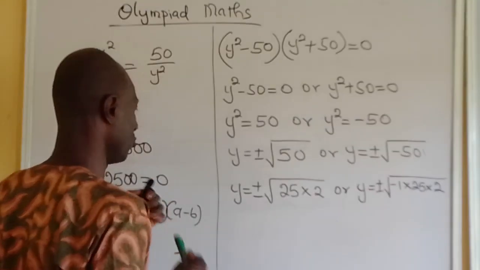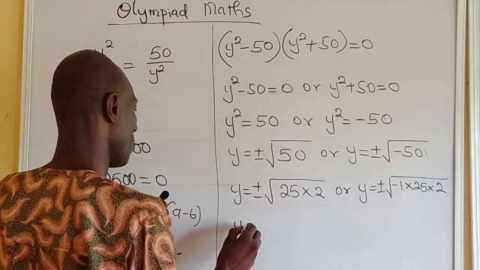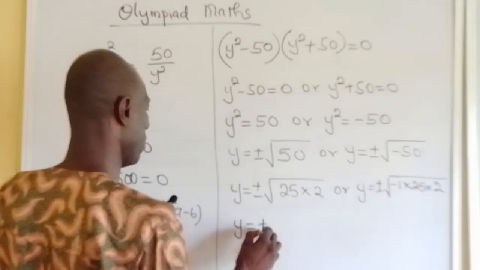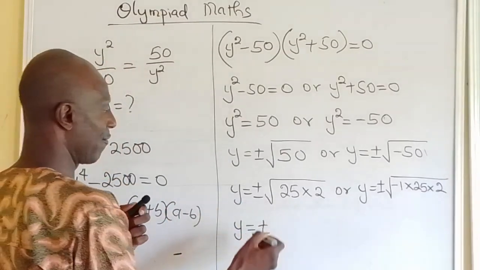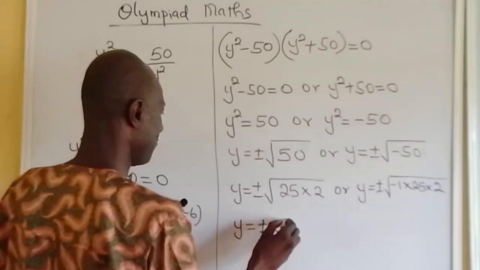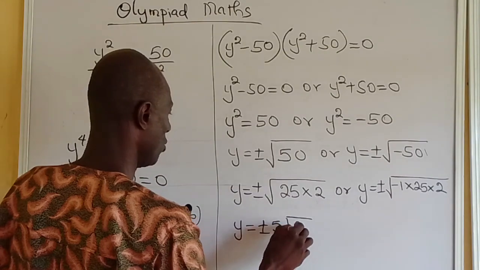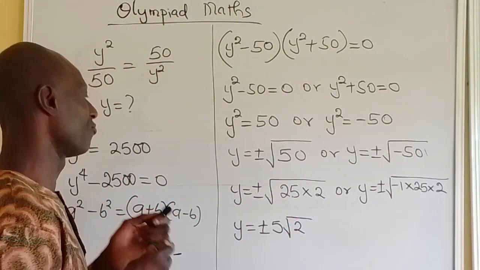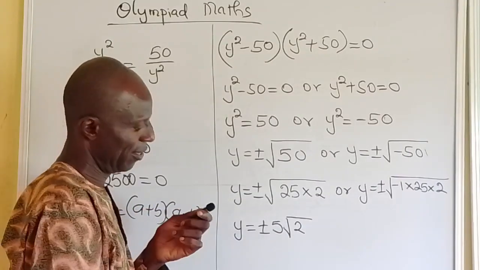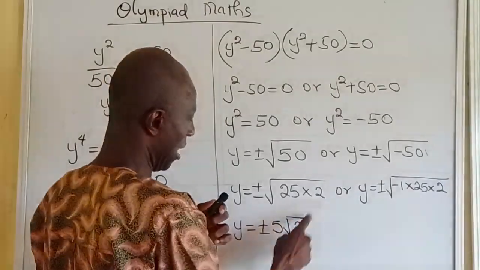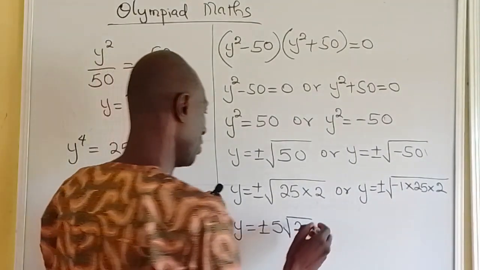What are we going to do here? What is the square root of 25? It is 5 root 2, because we can find the square root of 25 to give us 5. We cannot find the square root of 2, that's why I drop it as root 2.